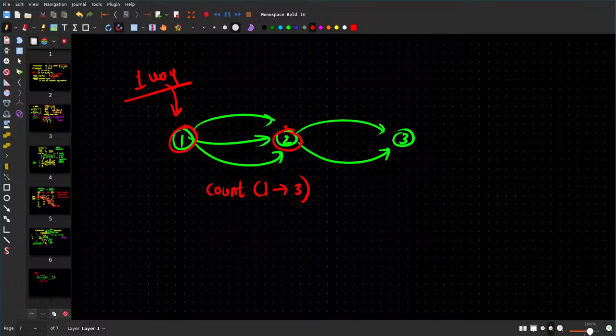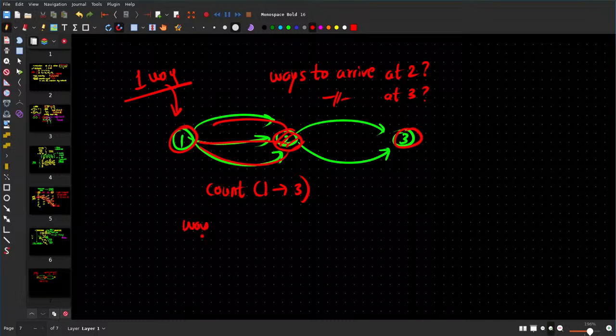Then we count how many ways to arrive at 2. If you know that, then from that we will count the number of ways to arrive at 3. To count the number of ways to arrive at 2, we say that any of these paths can be chosen, and there are 3 of those.